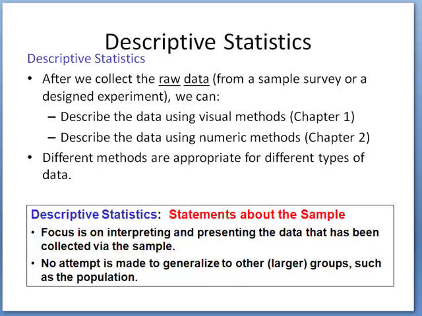So descriptive statistics are statements about the sample. The focus is on interpreting and presenting the data that has been collected by a sample. No attempt is made to generalize to larger groups, such as the population. So it strictly is just the sample and what the sample gave.